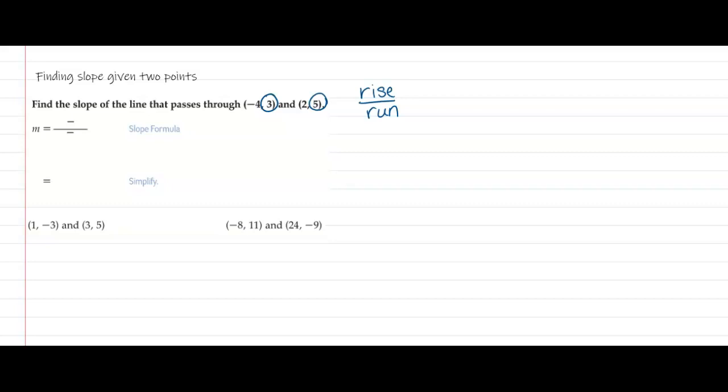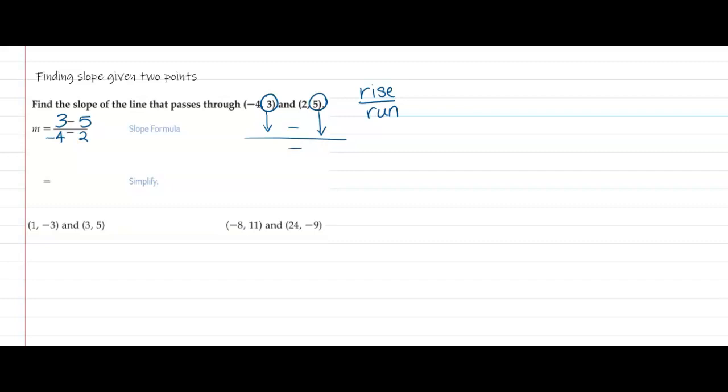If you just circle the y's, make the y's look like eyes: 3, 5, minus 4, 2. And I just drop them right into that formula. I just drop them straight down.